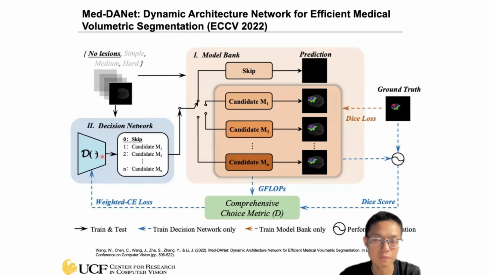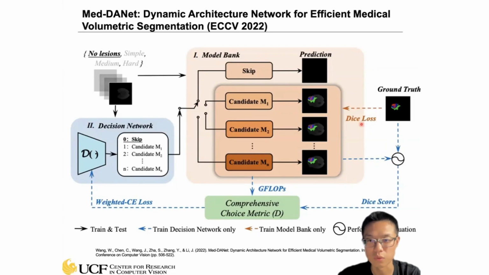And we just learn a decision network or policy network, which decides which candidate we want to use based on the current input. We also have an option of totally skipping, where we don't do any operation and just predict the output as 0. We train this network with the objective of reducing the total computation, at the same time keeping the segmentation accuracy.